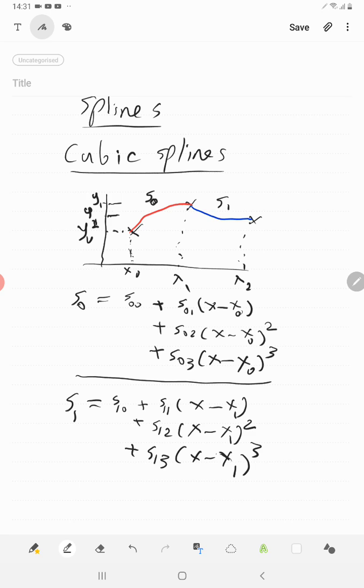So the function number 0, its start point is x0, and S1, its start point is x1.